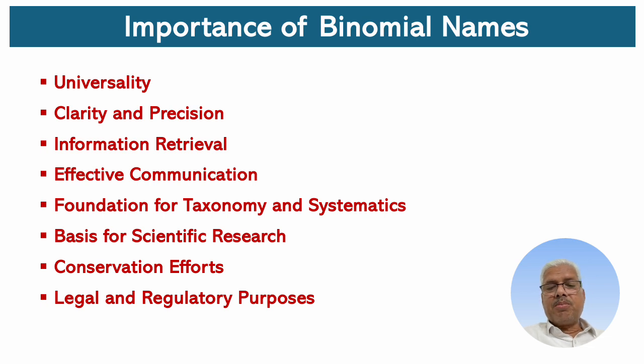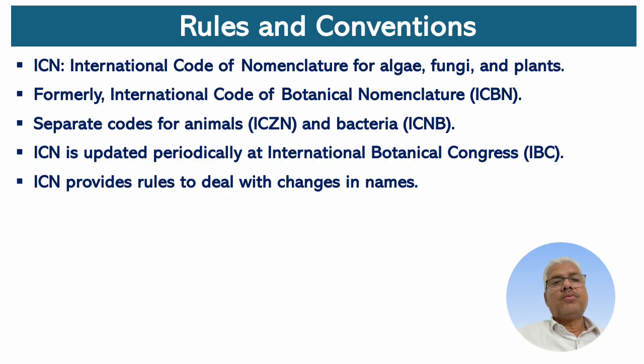Binomial nomenclature provides the necessary precision for these purposes. Binomial nomenclature is not just about slapping two words together. It is a structured system with specific rules and conventions to ensure clarity and consistency.